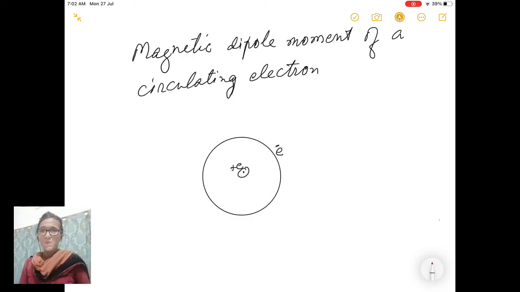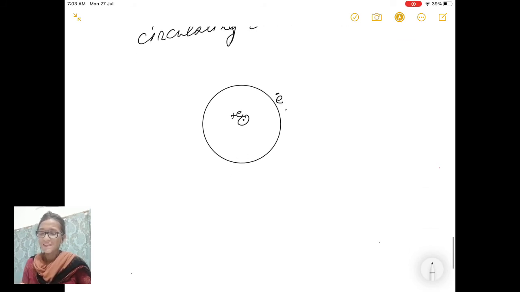Magnetic dipole moment due to a circulating electron. We know that in an atom, an electron circulates around the nucleus. In a hydrogen atom, we have a single electron which revolves around the nucleus, which has one proton.